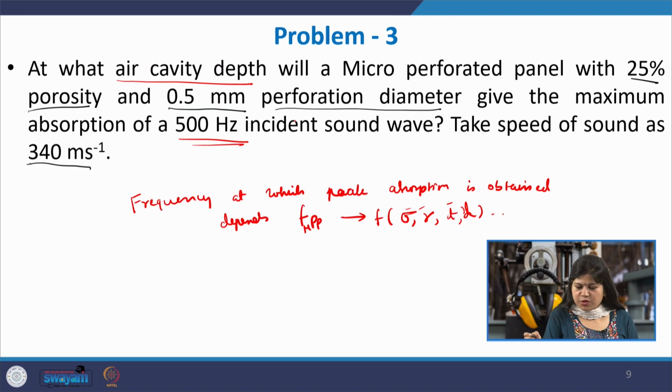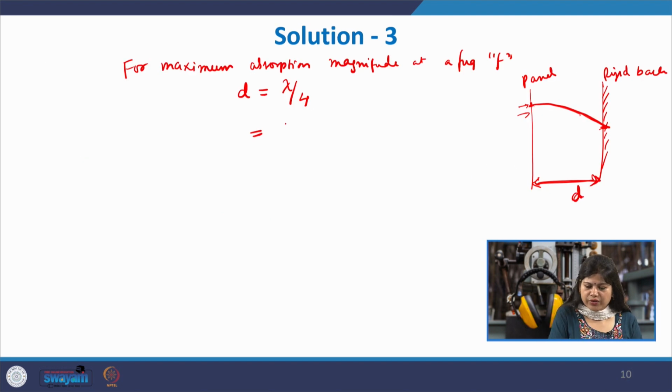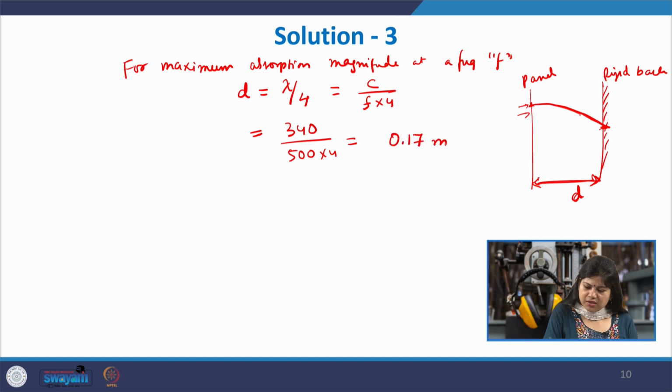The speed of sound we have to take as 340 meters per second as given in the question, because lambda is c by f. So, 340 divided by 500 into 4, and the answer that you would get is 0.17 meters, which is 17 centimeters. That should be your air cavity depth.